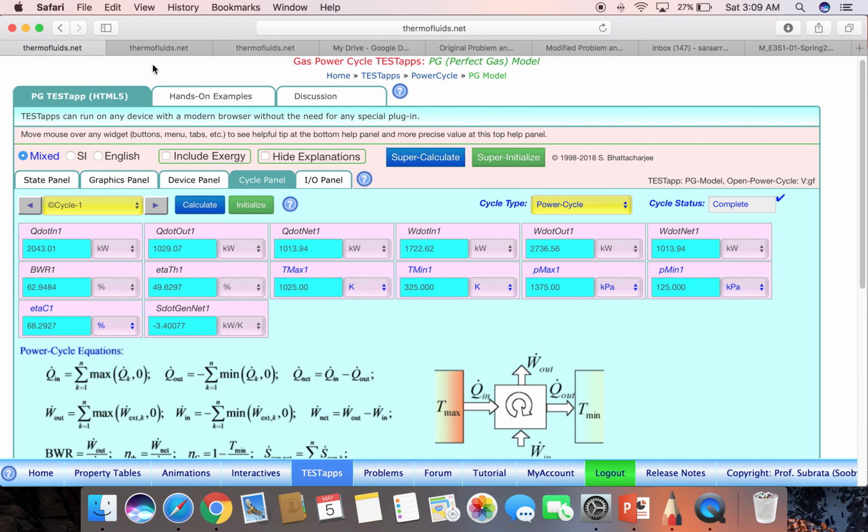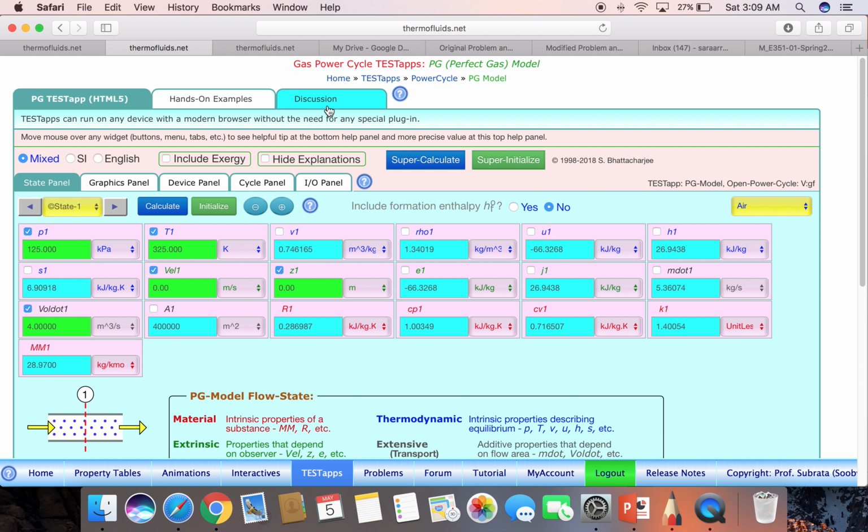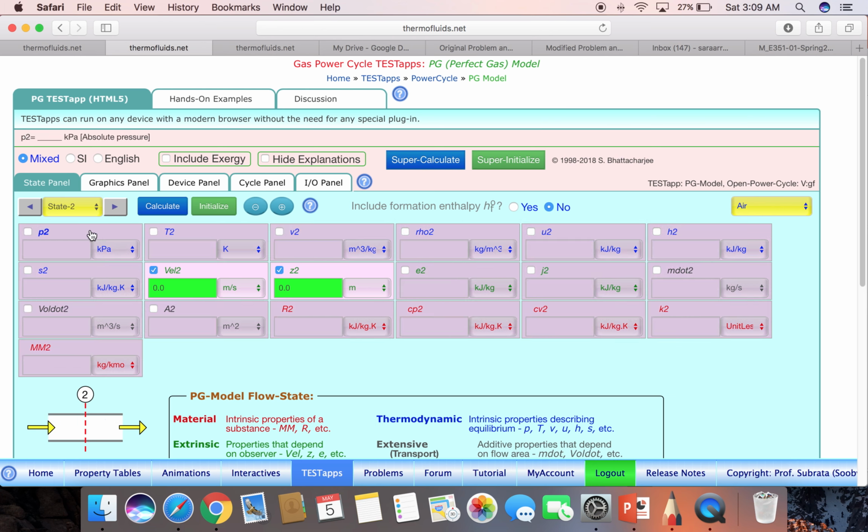I'm going to pull up a different thermal fluids panel. I have already put in state 1. It's the same as the previous state. For state 2, we're going to treat it as an ideal one, because we'll need to calculate the ideal in order to calculate the rest.